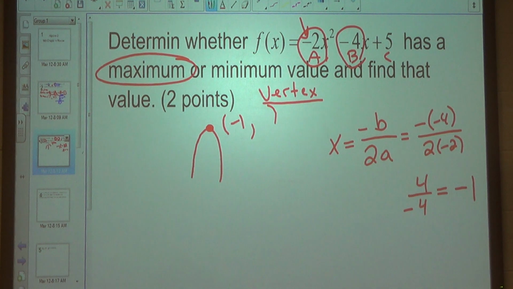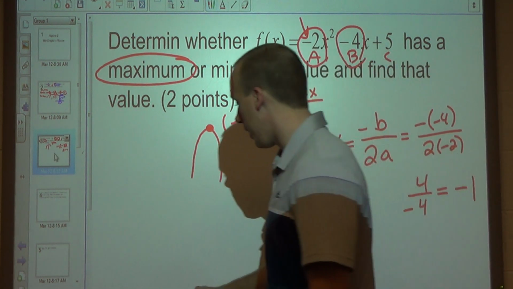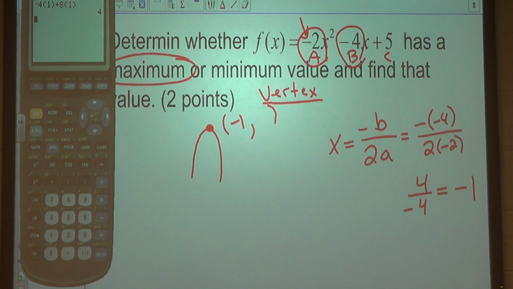How do you find the value of it, the height? Plug it in. Yep. Again, when you plug it into your calculator, we need to remember to put them in parentheses.